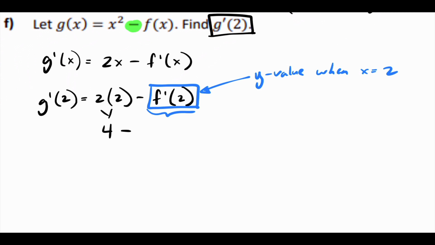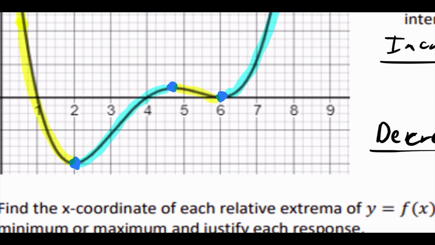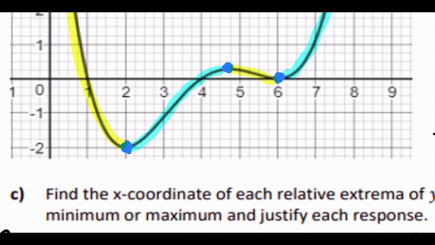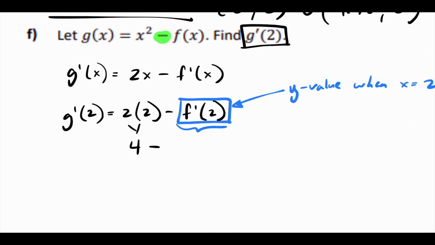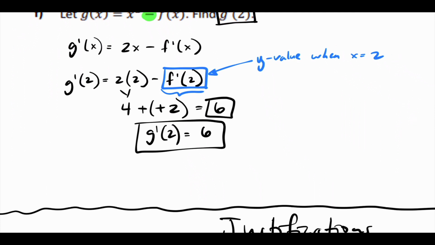I have the graph of f prime. So what is the y value when x equals 2? Negative 2, right? That blue dot right here that I made earlier. Negative 2. So g prime of 2 equals positive 6. Done.